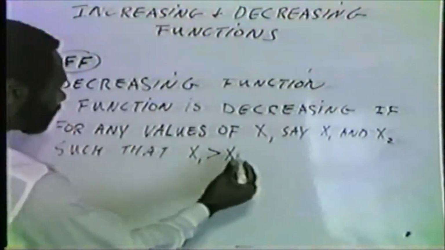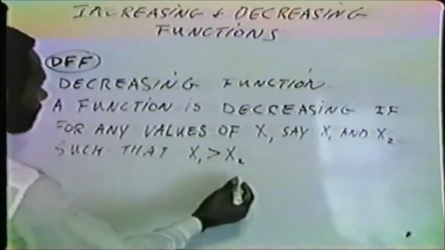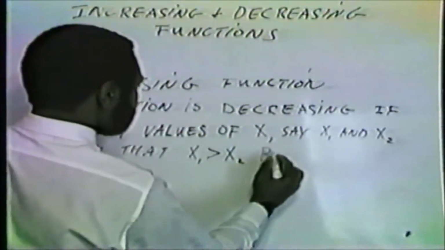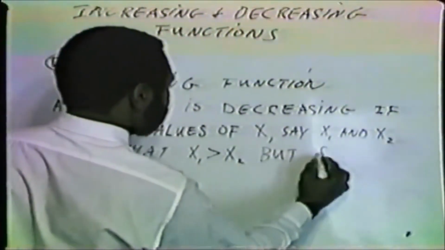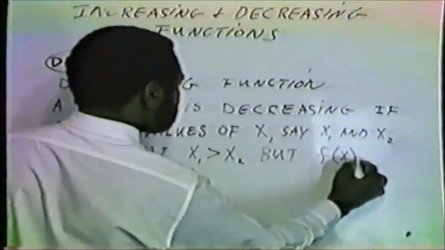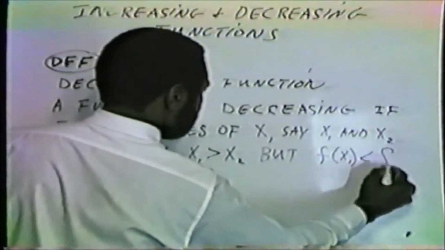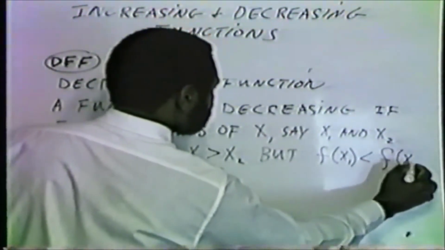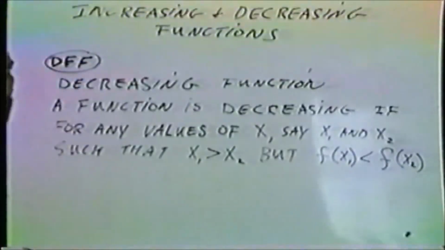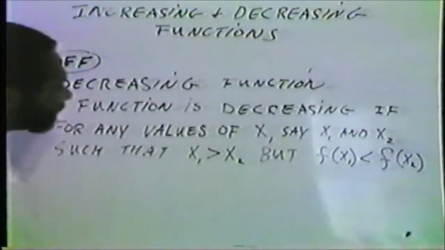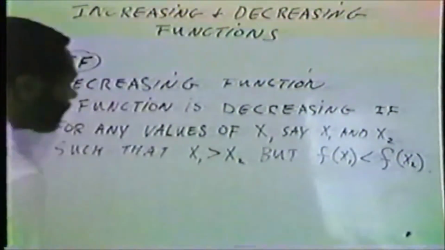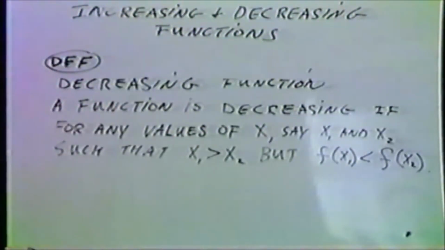We have x1 is greater than x2, but f of x1 is less than f of x2. This is the algebraic definition of a decreasing function.